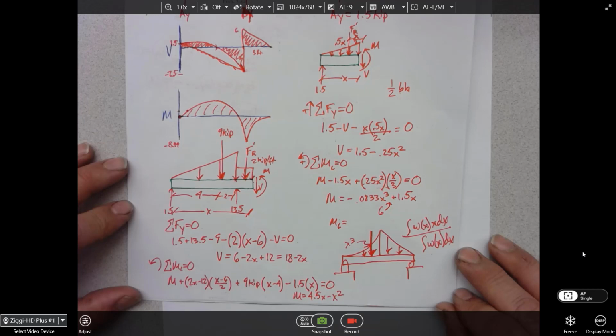Okay. I'd still want a happy beam, and I'd still have my shear force down.